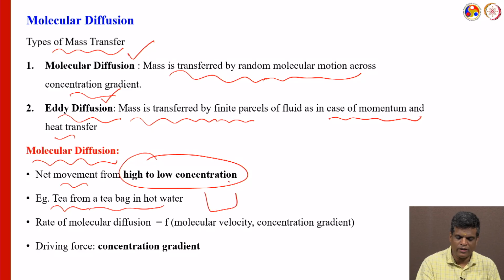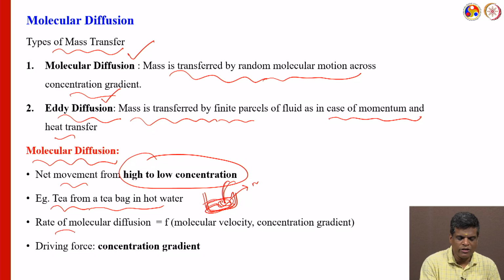You just drop the tea bag in hot water, and if you leave it as it is, that is called molecular diffusion. But once you start stirring with a small stick, the diffusion speeds up, and that is called eddy diffusion, or we can say convection diffusion, because you are disturbing the fluid.